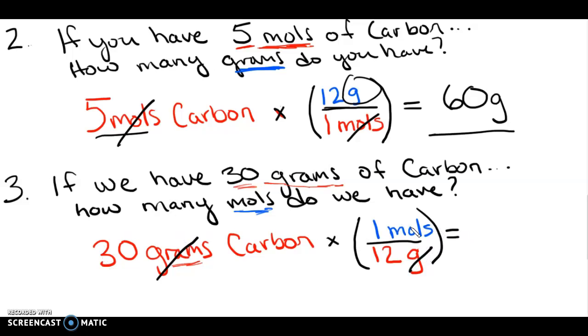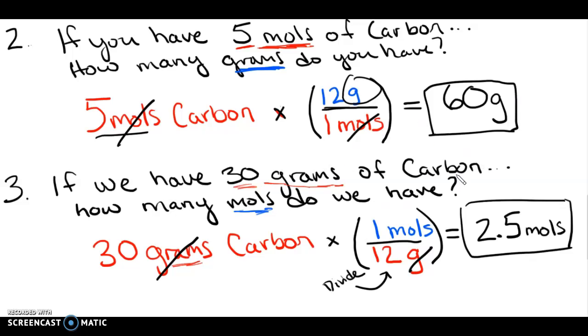So 30 times our 1 mole divided by 12 grams. So really what's going to happen here is we're going to divide by this number. 30 divided by 12 is going to give us 2.5 moles of carbon.